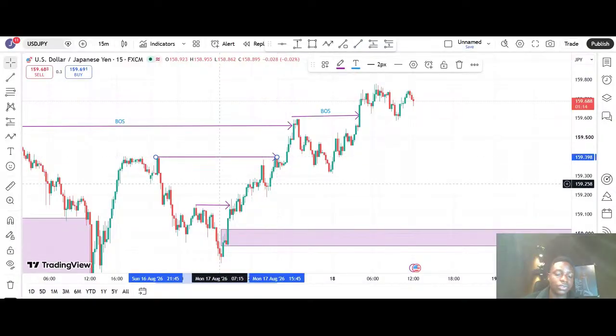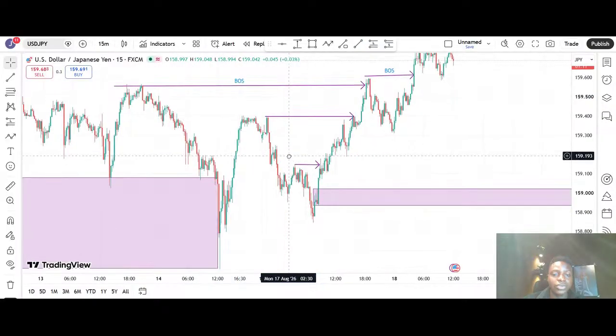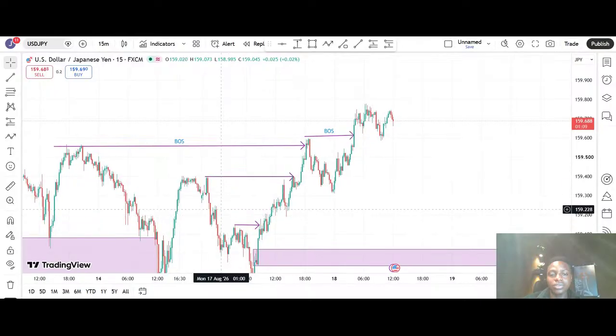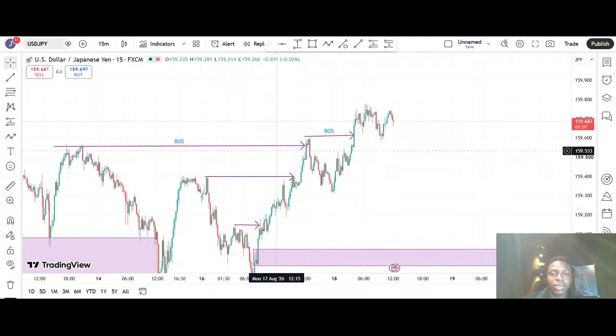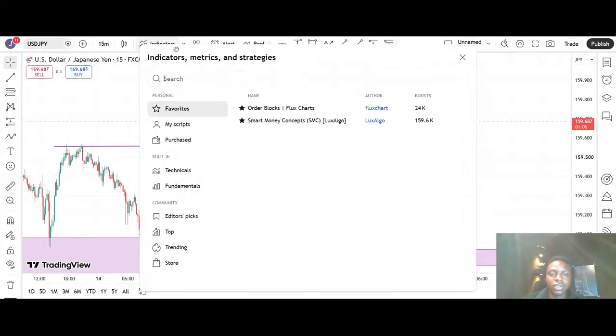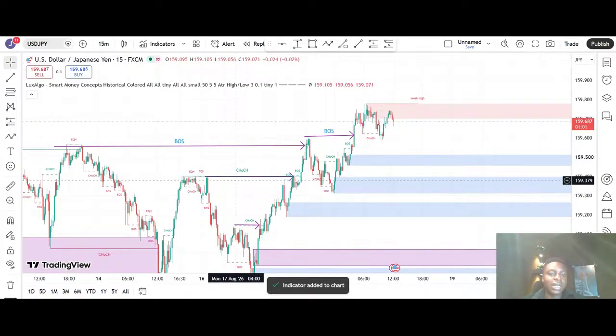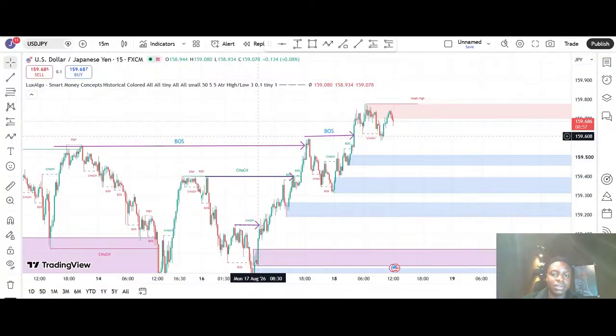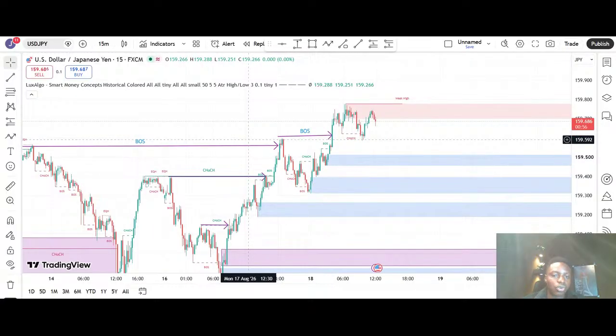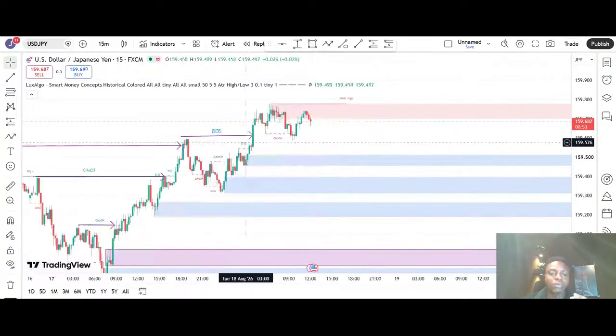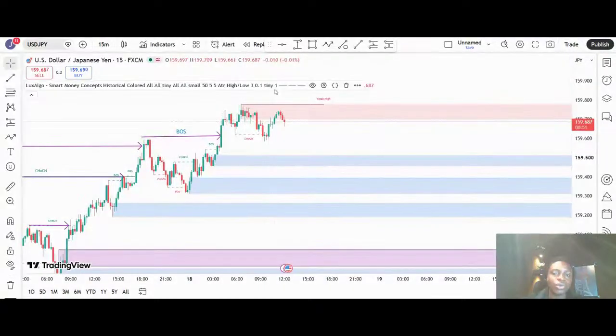A lot of structures are here, but we can't be drawing them all, right? We can't just be drawing them, and so on and so forth. So another trick I can give is you can use your smart money concept indicator. It can simply draw this whole thing for you. You understand? You don't have to be very, very smart to know what is mitigated already.